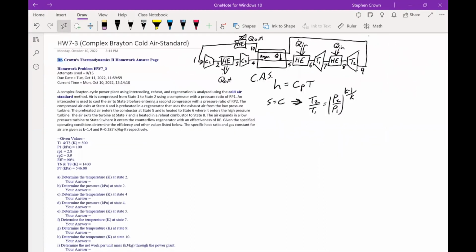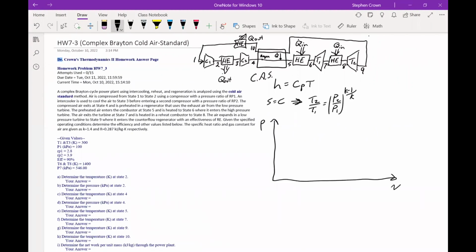Let's draw a TS diagram. So we'll start with isentropic compression from state 1 to state 2. And then in that heat exchanger, the temperature is going to drop, so it'll be cooling.